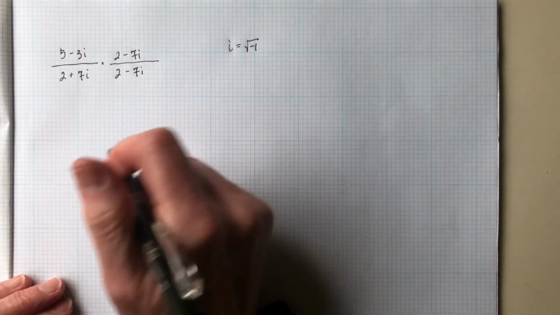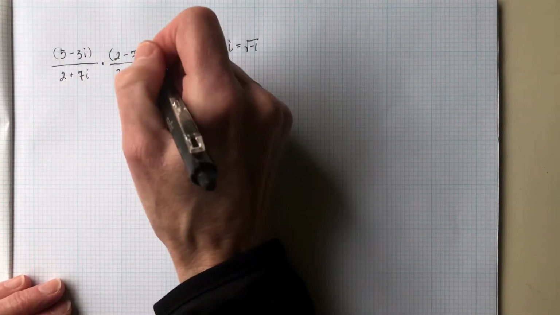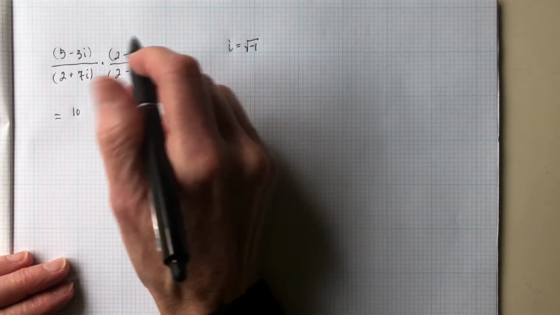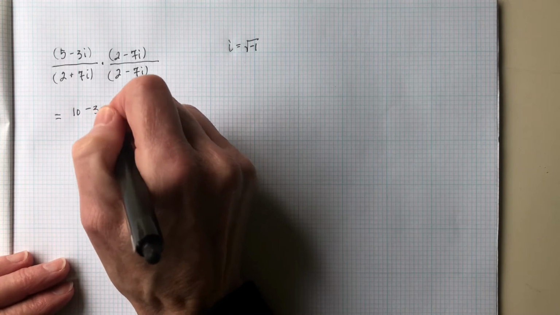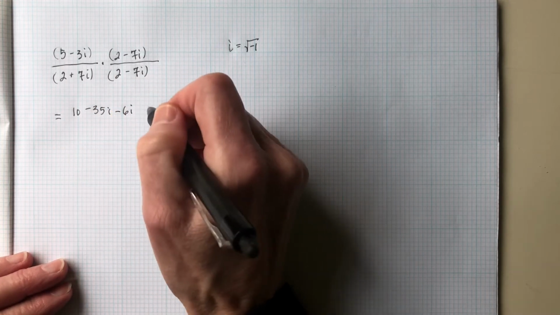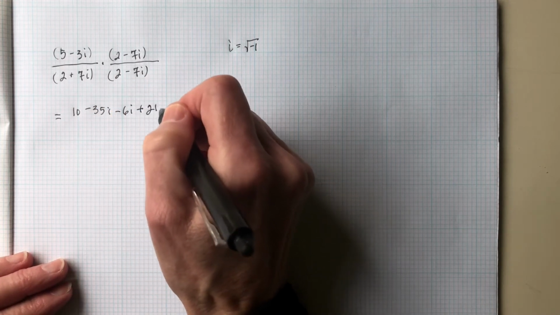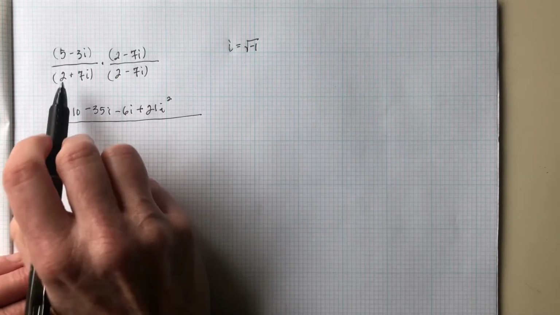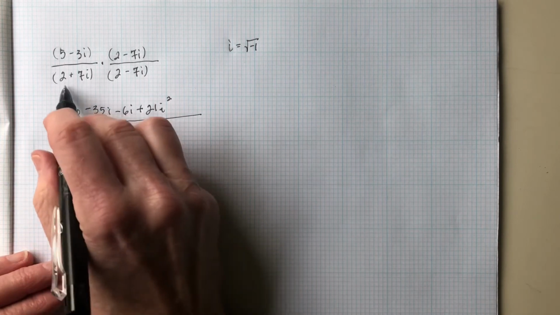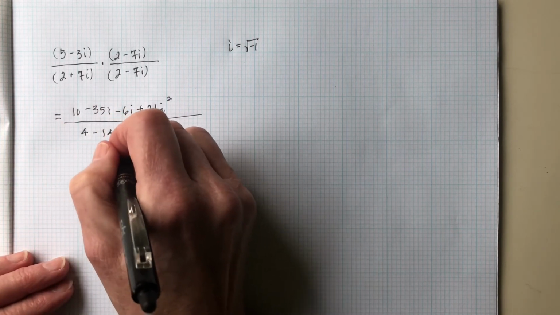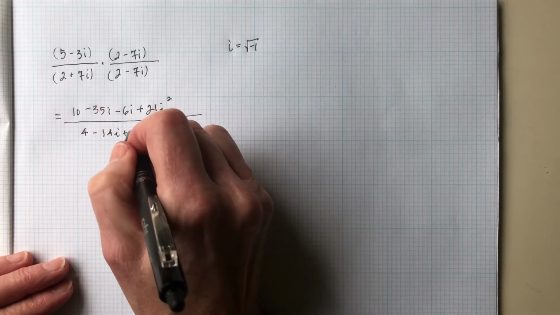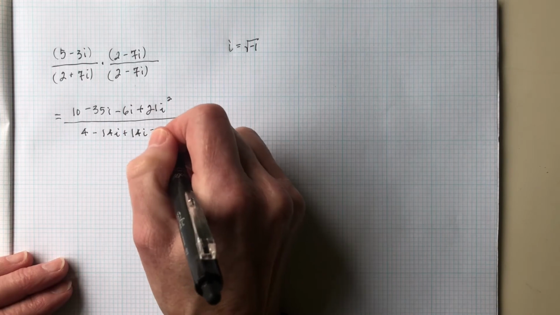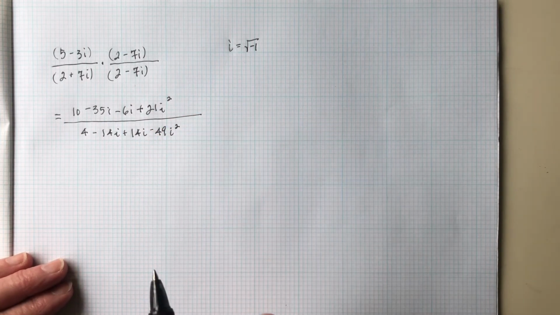And when we multiply those out, using FOIL again, we get, let's see, 10 minus 35i minus 6i plus 21i squared. And that's all over, let's see, 2 times 2, that's 4, minus 14i, plus 14i, minus 49i squared. And we can simplify.